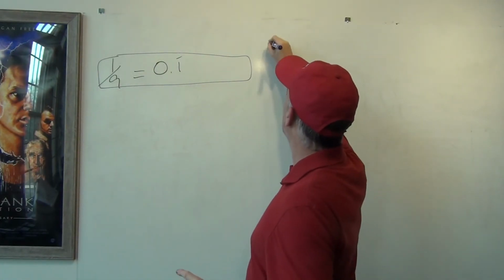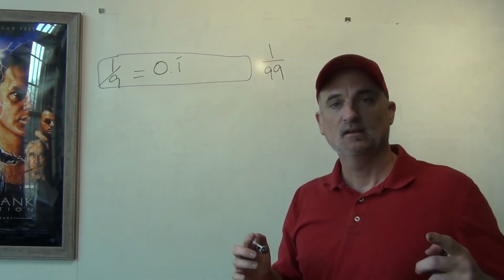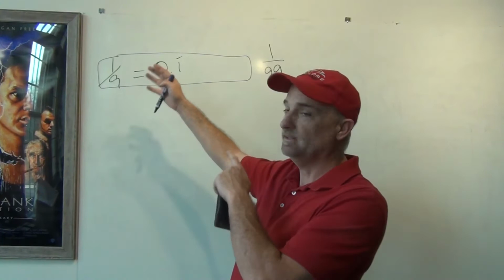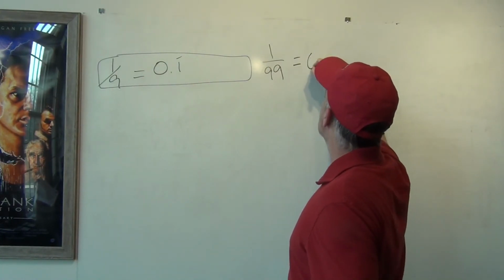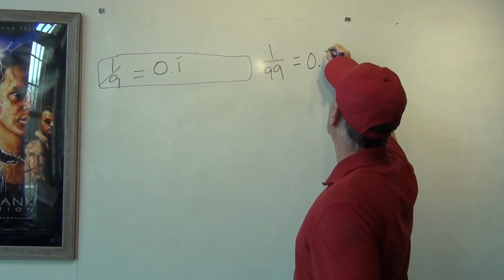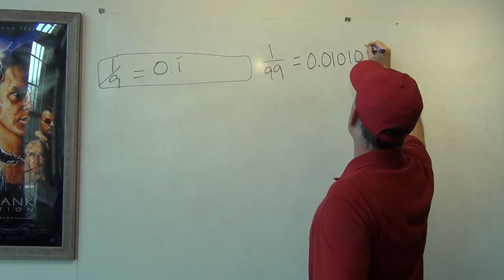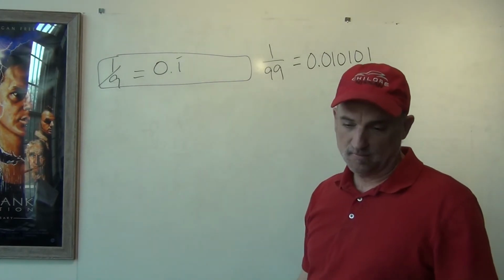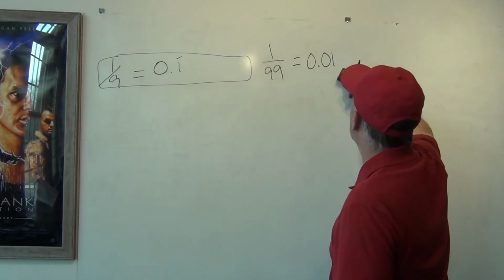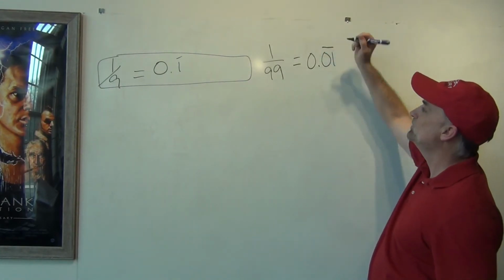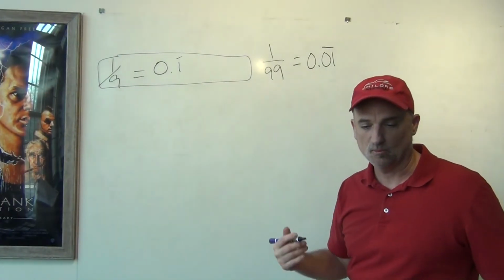So let's look at 1 over 99 and see if we can do the same things we did with the ninth. So 1/99 is 0.010101, and we know that we can just simplify that and say 1/99 equals 0.01 repeater.